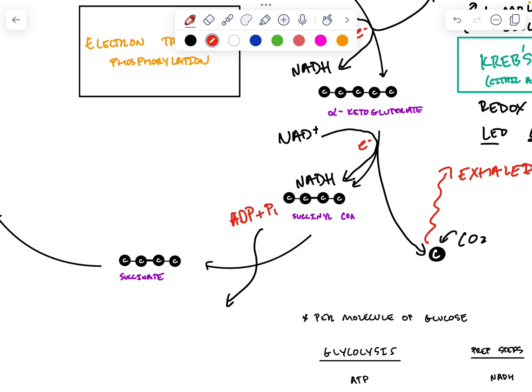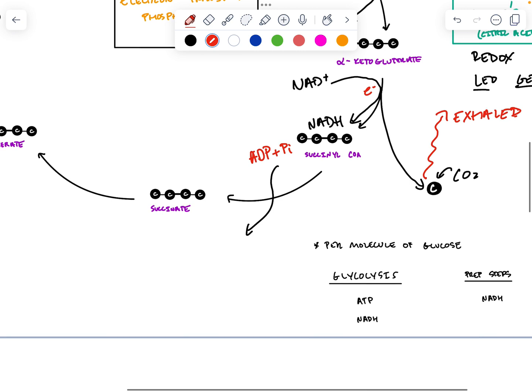In between this next step, succinyl-CoA and succinate, a molecule of ADP and phosphate swoop in here and use the energy of this compound to form ATP.